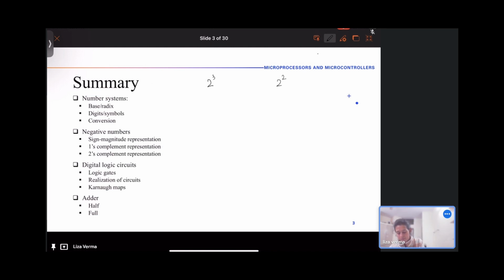Let's say 2 to the power 3 is 8, 2 to the power 2 is 4, which means you want to convert a number that is in base 8 to a number that is in base 4. So how do you do it? Let's say we want to convert the number 3, 4, 6, which is in base 8, to a number system of base 4.